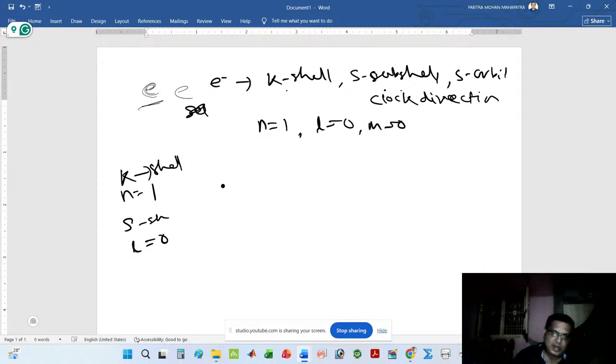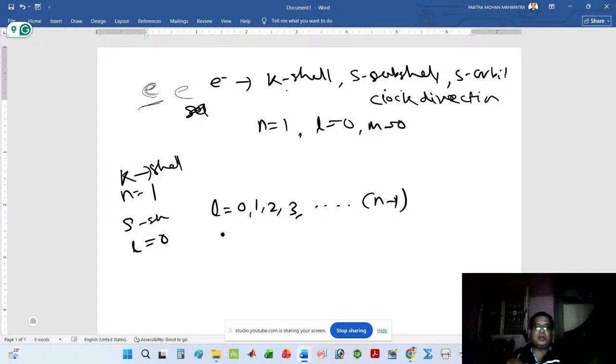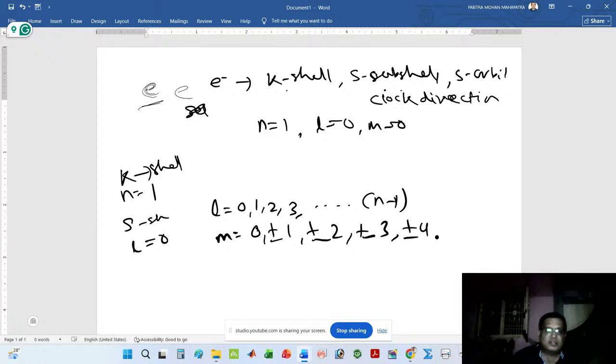Remember this formula: l is equal to 0, 1, 2, 3 up to n minus 1. Another formula is m is equal to 0, plus or minus 1, plus or minus 2, plus or minus 3, plus or minus 4 and so on up to plus or minus l. s is equal to maybe plus half or maybe minus half.